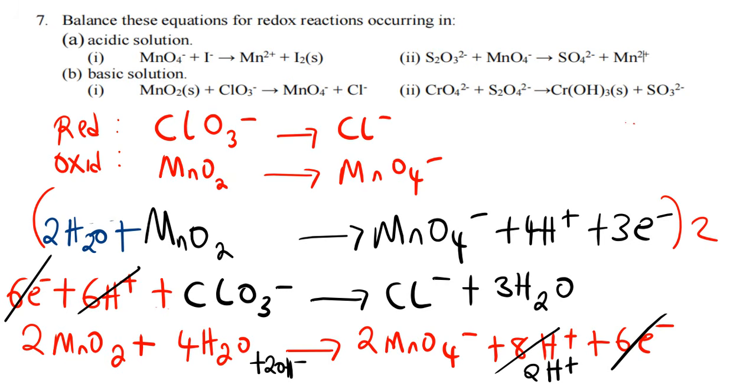Basically, we've got for that side, and on the other side we've got 3 water molecules. I'm just trying to find out where we found the 3 water molecules on the other side. We had to add the 3 water molecules. It's fine.